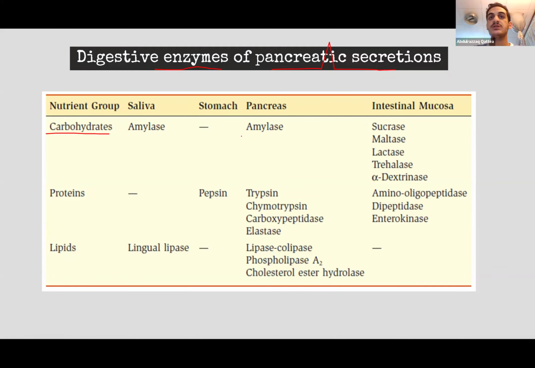For the carbohydrates, it will release amylase, and for protein, it will release proteases, and for lipids, it will release lipase and phospholipase. Why did I go through it rapidly? Because the doctor did not pay attention to any of this. So just know them, yani, in case.